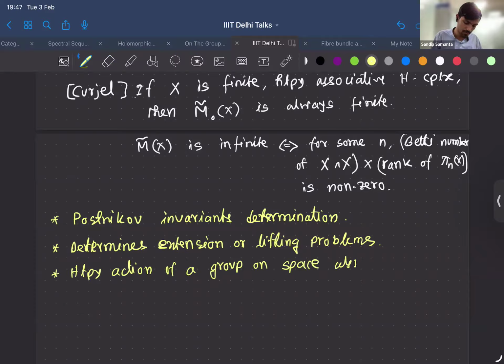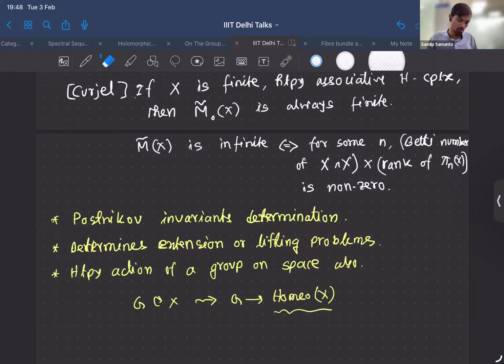That also determines, so in the same sense, whenever we have a group action on space, let's say group G acts on space X, that actually determines a group homomorphism from G to Homeo of X. On this set, this is a group under composition. So these are kind of contained in our E of X, right?